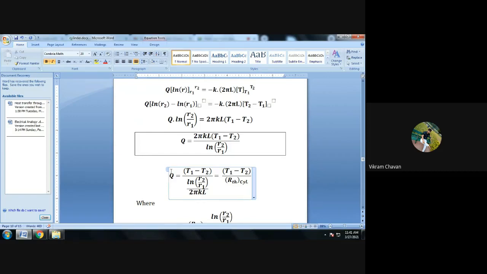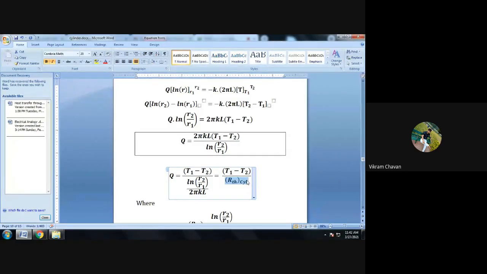So that can be written as Q equal to T1 minus T2 divided by RTH cylinder, that is the thermal resistance of cylinder. For the denominator term, ln of R2 divided by R1 divided by 2 pi kl, we can give the nomenclature thermal resistance of cylinder, that is RTH cylinder.